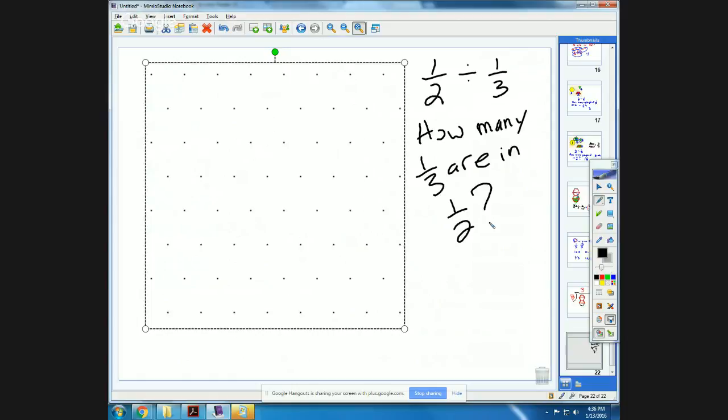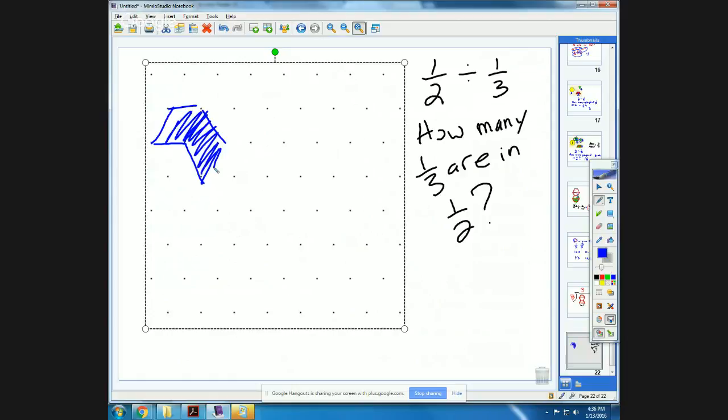So let's see, what's a third look like here? It's that chevron looking piece, right? I'm going to try and draw that. Two blue things stuck together. So here's one blue thing, and then here's another blue thing stuck to it. Okay, so there's my 1/3.